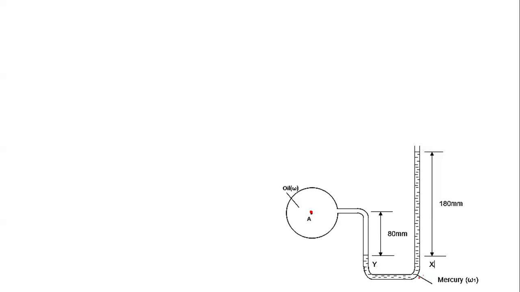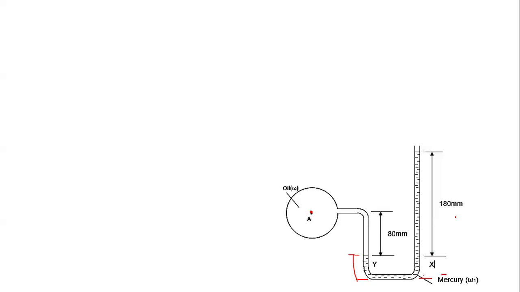In other words, from here to here is my height in the left limb. Then from here all the way to there is my height in the right limb. If I subtract this height minus this one, what I get is this. It's like chopping away the part below here. And that is the one they have given us as 180 millimeters.